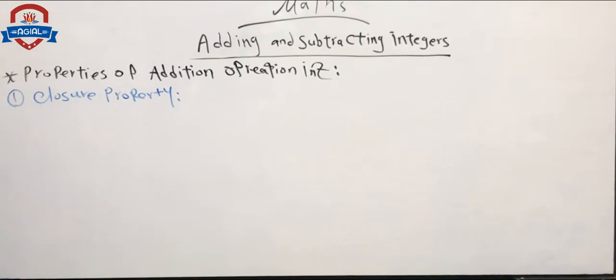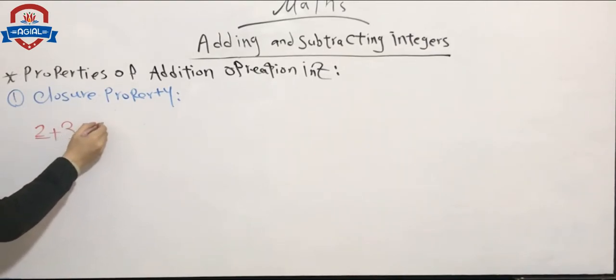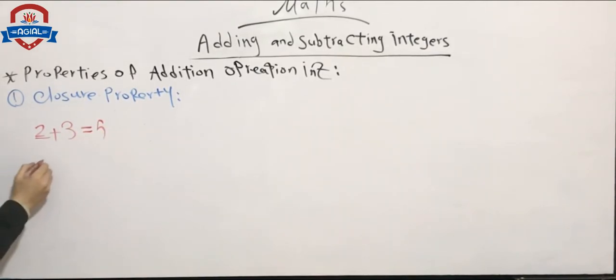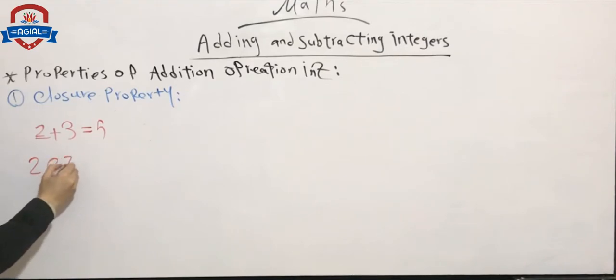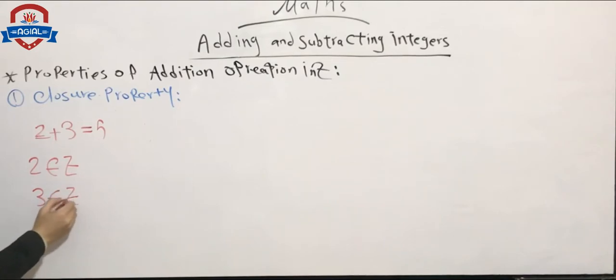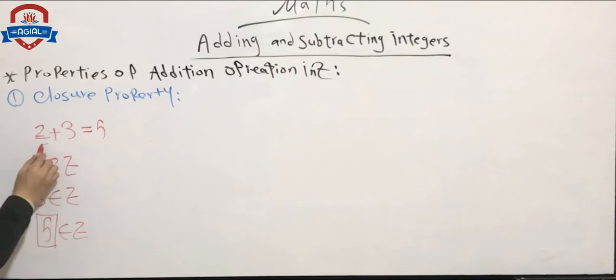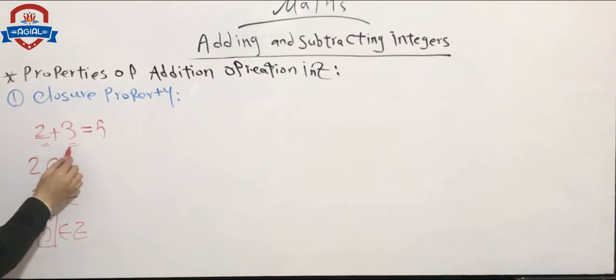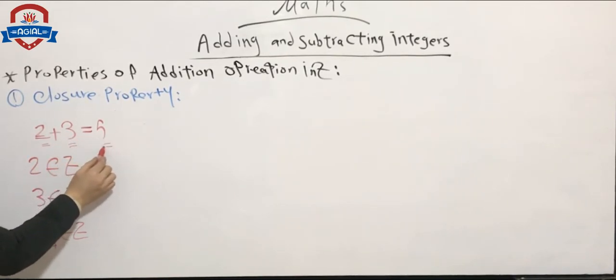For example, if we have 2 plus 3, we know that 2 plus 3 equals 5. And we know that 2 belongs to the set of integers, 3 belongs to Z, and 5 belongs to Z. So the sum of any two integer numbers is an integer number.